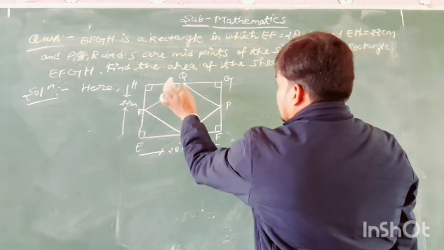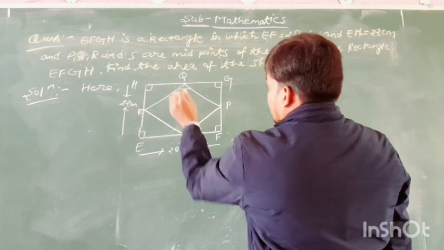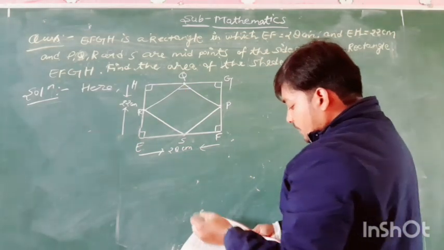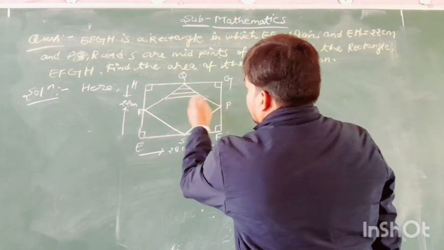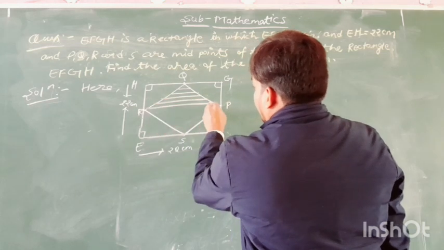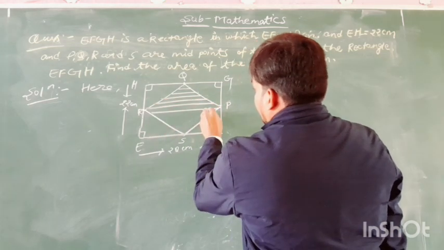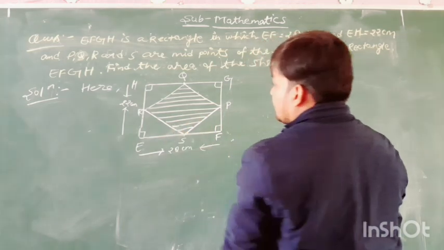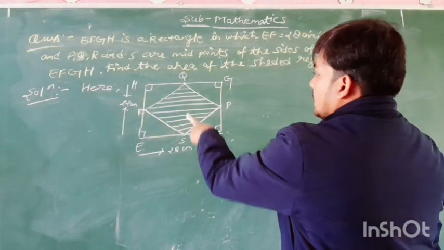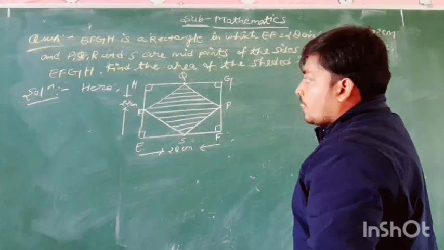And the shaded region will be quadrilateral PQRS, and we have to calculate the area of the shaded region PQRS.